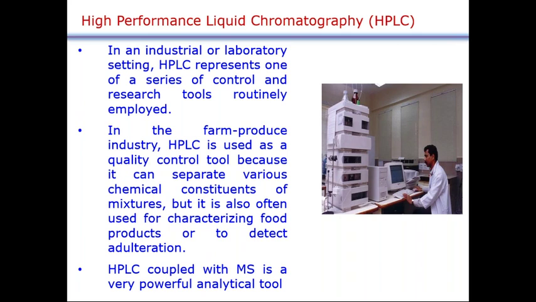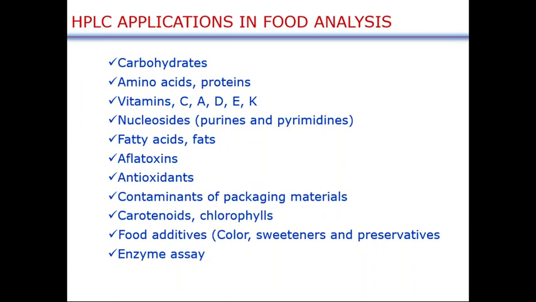And HPLC, coupled with mass spectrometry, known as LCMS, and LCMS-MS, is a very powerful tool to identify new compounds and new analytes. So basically, in food analysis, it can be used to detect and quantitate any of the constituents that you have studied till today.